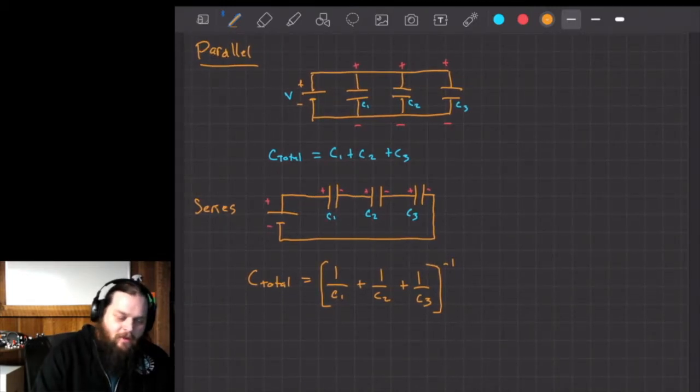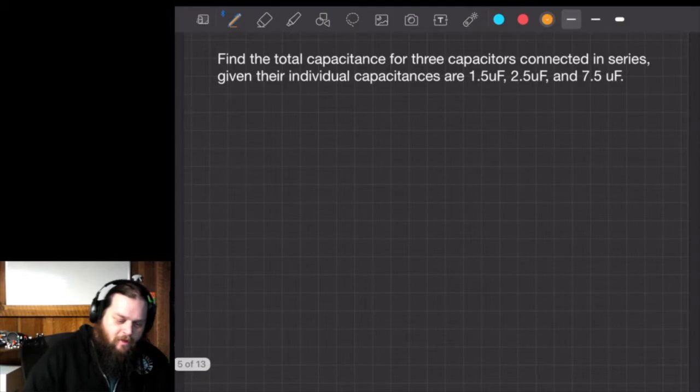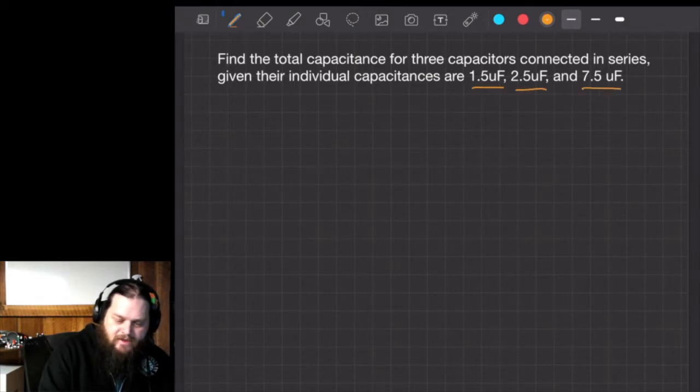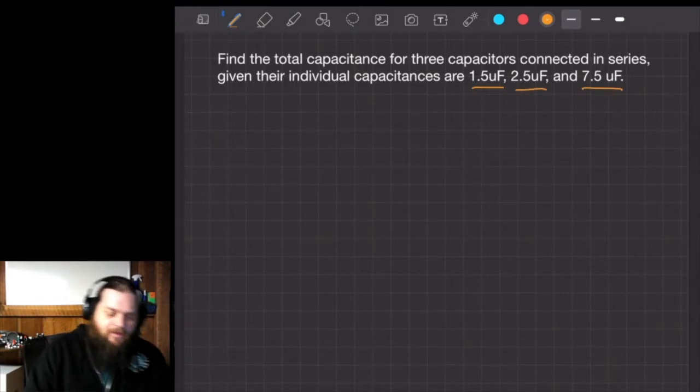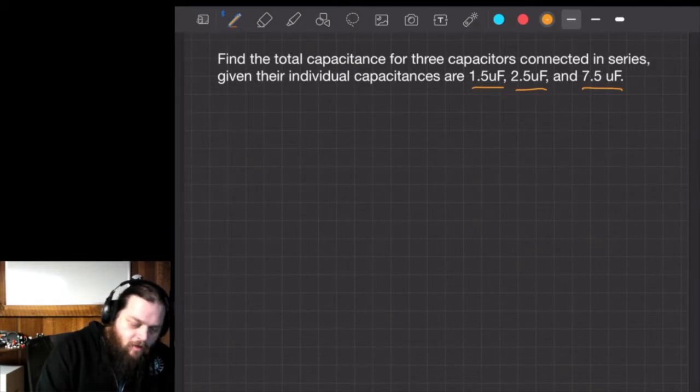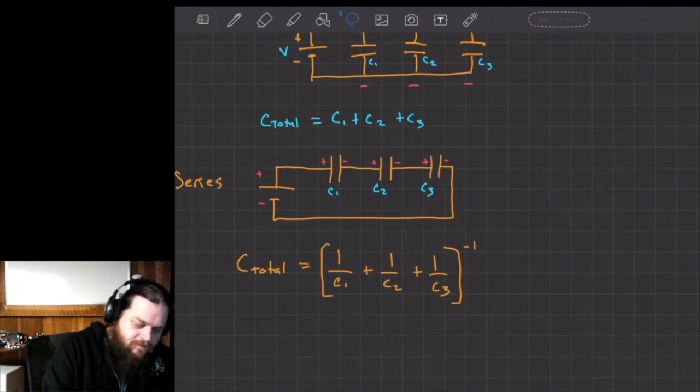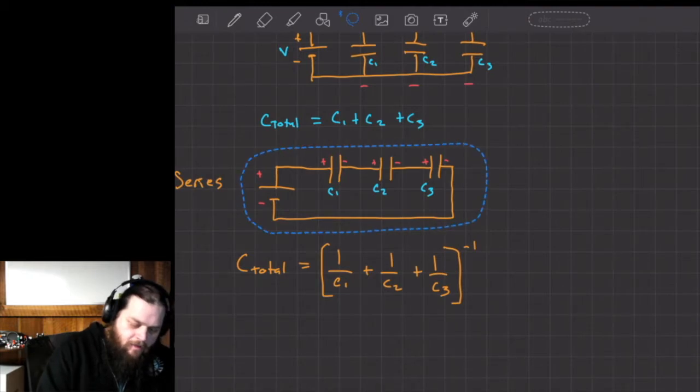So that's how we can work with these problems, because this problem here is asking for the total capacitance of three capacitors connected in a series, given their individual capacitance of 1.5 microfarad, 2.5 microfarads, and 7.5 microfarad. So we can use that same template that we had here, copy and paste it over.